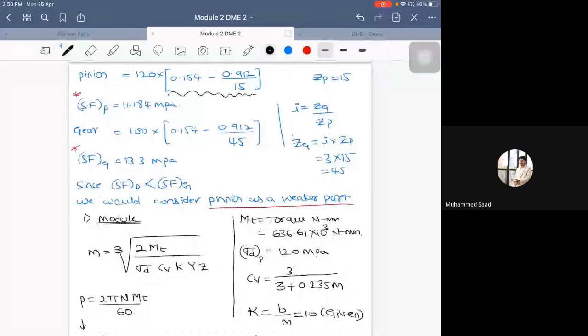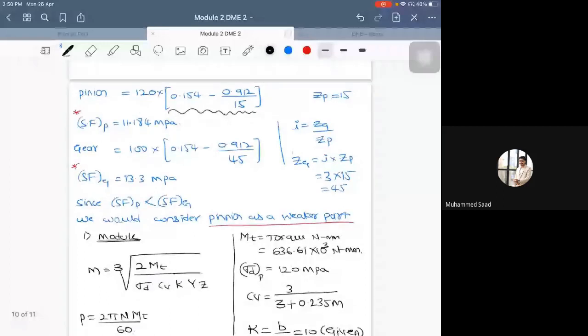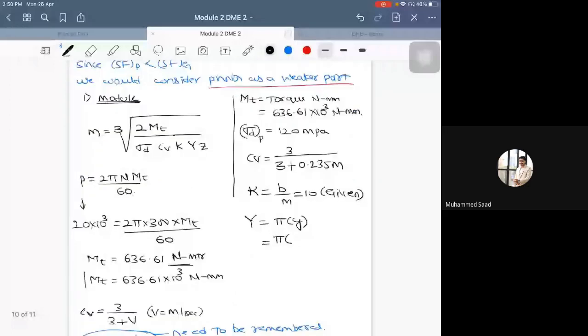Take that particular value and give me the value of y. 0.0932. Now it is Z of the pinion, the number of teeth on the pinion.